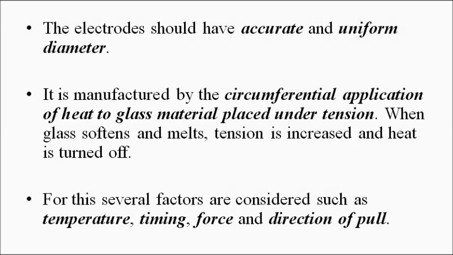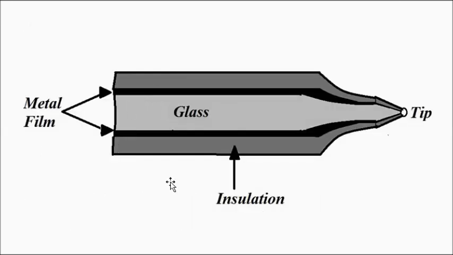So basically a glass microelectrode looks something like this. It will be something like this, with the tip which is connected to the point where the biopotential has to be measured, and this inner region is filled with electrolyte.